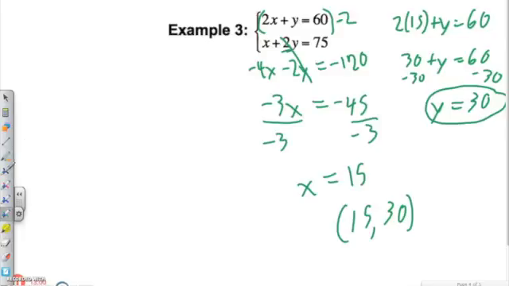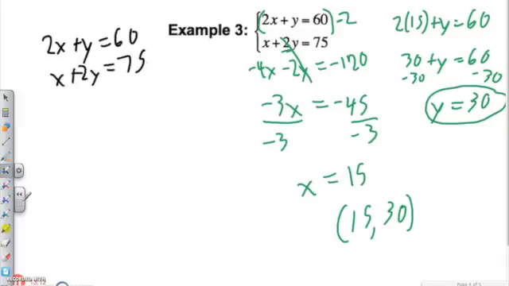Now just to show that this can be worked in more than one way, I'm going to work this problem one more time. I'm going to have 2x plus y equals 60 still. I'm going to have x plus 2y equals 75. This time, I'm going to multiply the bottom. Now, this time it's going to be tough to make a 2y match a 1y, but I can make the x match the 2x. So I'm going to multiply the bottom by 2 this time.